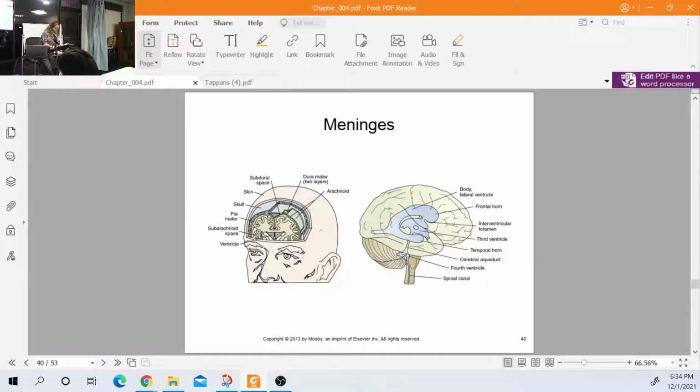Okay, so there are a couple of different spaces. Do be a little bit familiar with those. The key point would be that the CSF, cerebral spinal fluid, is within the subarachnoid space between the inner two layers, and you have serous fluid to cushion all around between the outside and the middle layer.